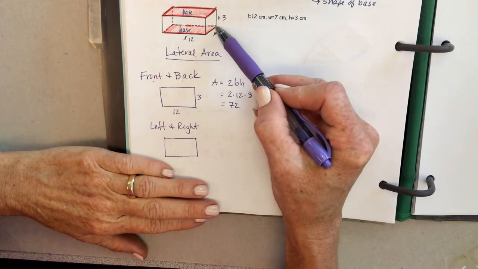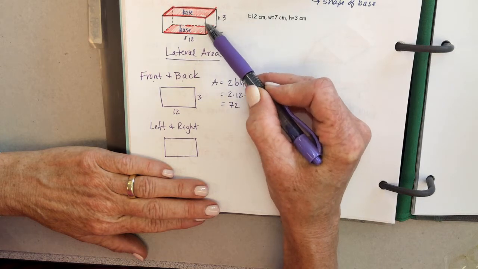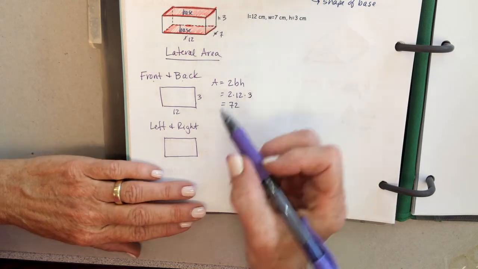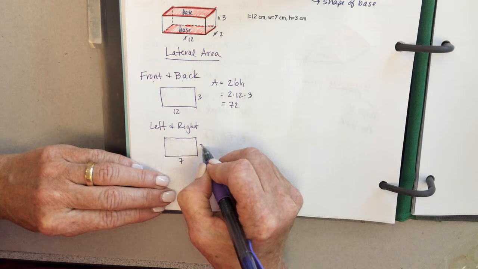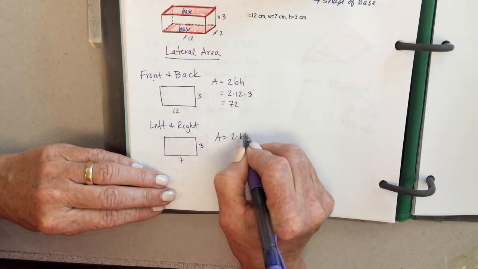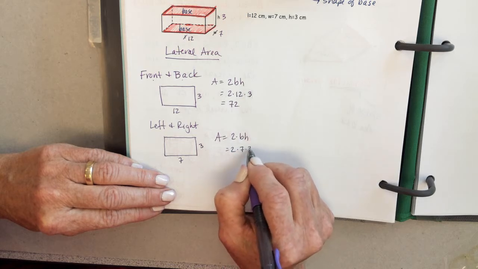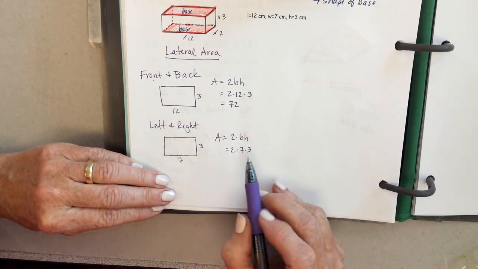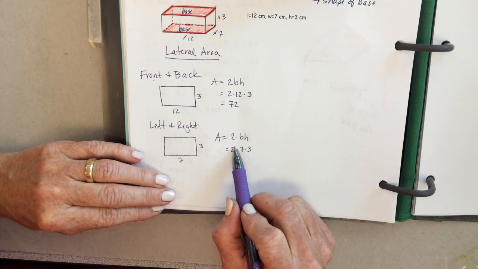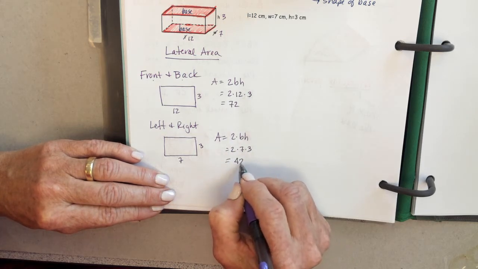So this piece right here, this is the rectangle we're looking at. And that is 7 by 3. We have 2 of those. So the area there is 2 times base times height. 2 times 7 times 3. And again, I would go 2 times 3 is 6. 6 times 7, 42.